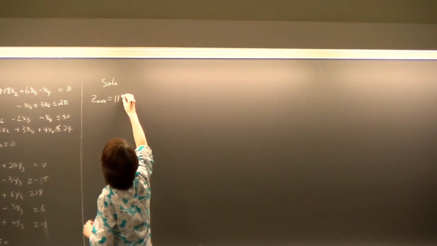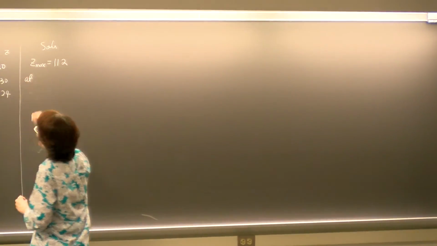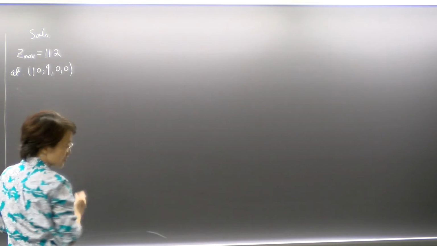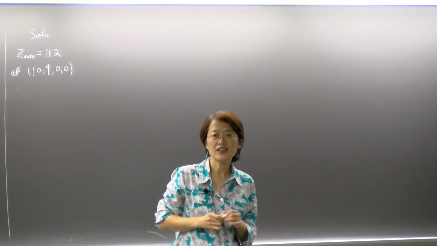Okay? Z max is just 112. Obtained at which solution? So I have 4 x's. I know x1 is 10, x2 is 9, and x3 and x4 are 0. So at 10, 9, 0, 0. Is that right? Okay.